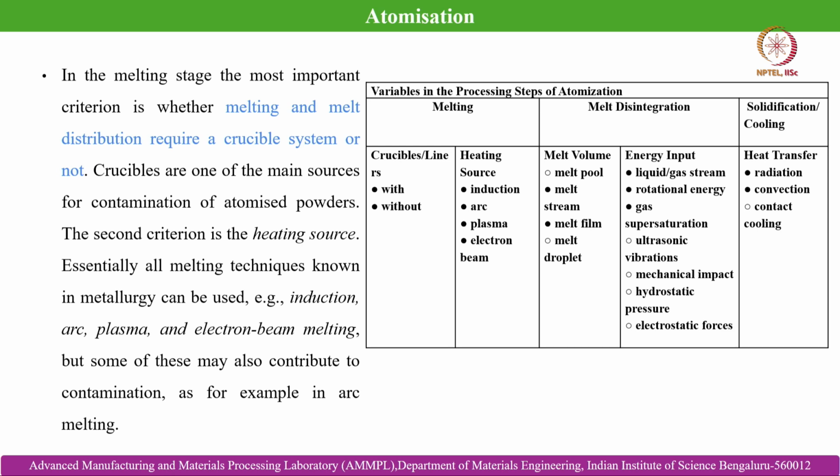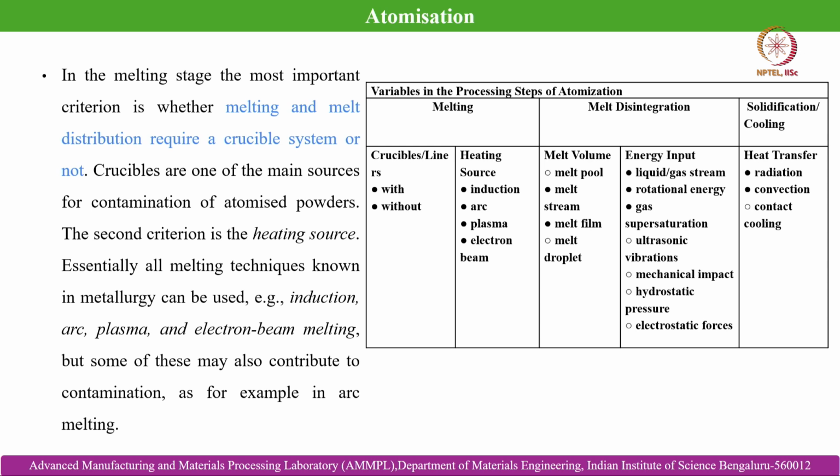Essentially all melting techniques known in metallurgy can be used, such as induction melting, electron beam melting, or plasma based melting of the ingot for melt preparation, but some of these may also contribute to contamination, as for example in arc melting. So the melting can be done using crucibles, or the heating source can be induction, arc, plasma, electron beam, etc.